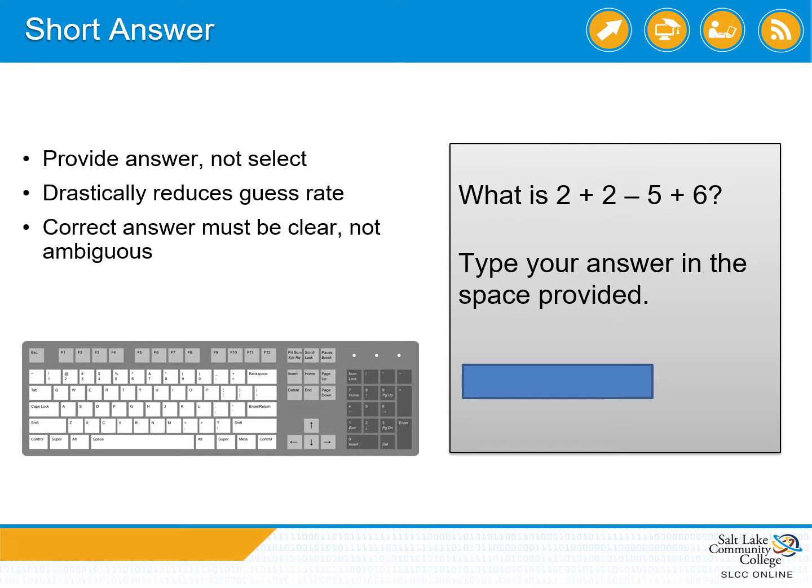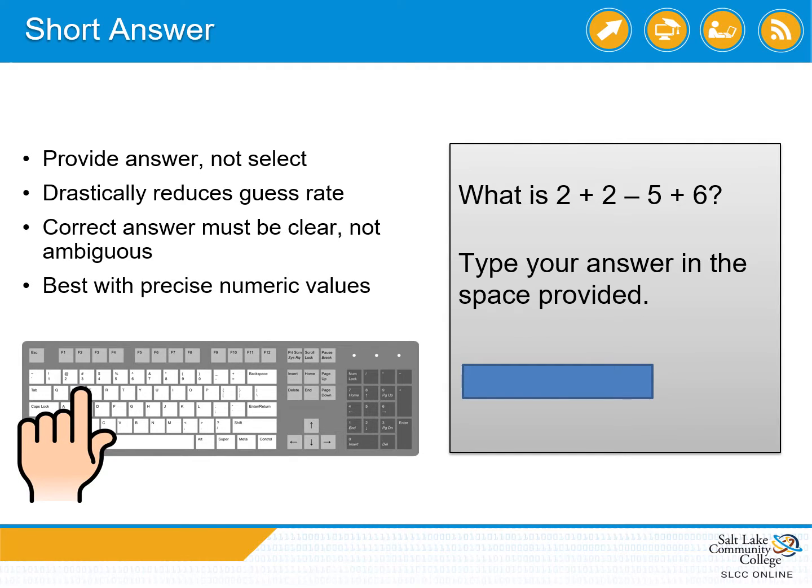Another risk is that test takers can also provide incorrect spellings, or even correct responses that the item writer did not anticipate. Unless the learning outcome being measured is to correctly spell common words, these items are not meant to be spelling tests. Short answer items can be useful, but it is recommended to use them when the answer is short and precise, especially simple numeric values.